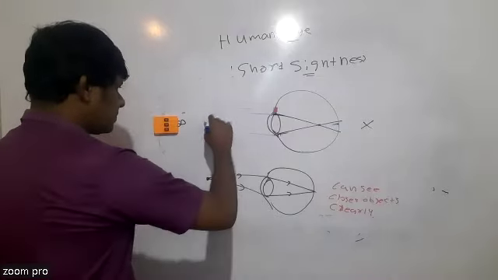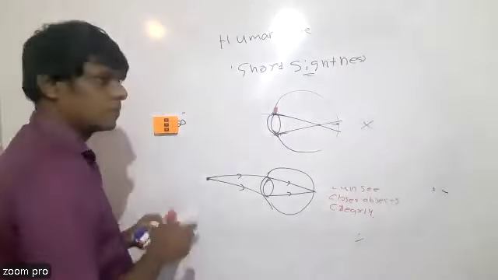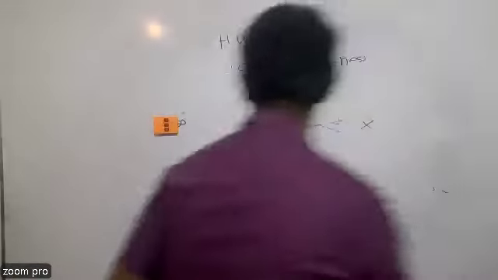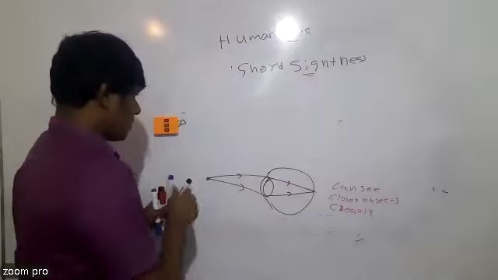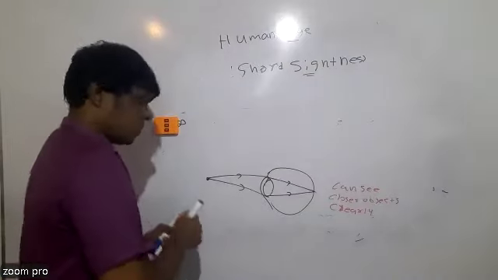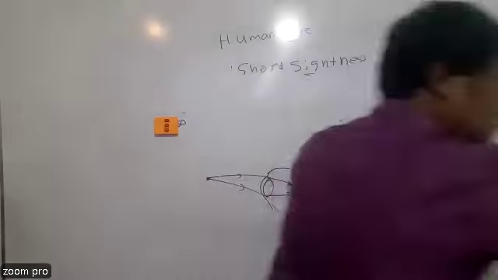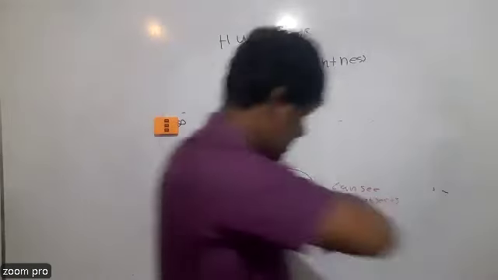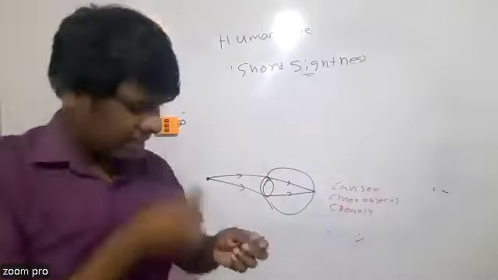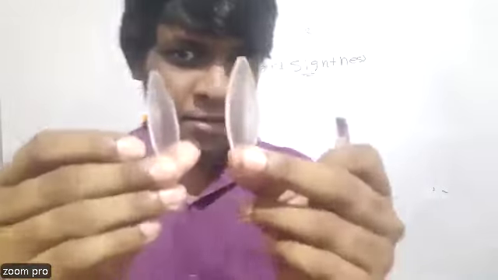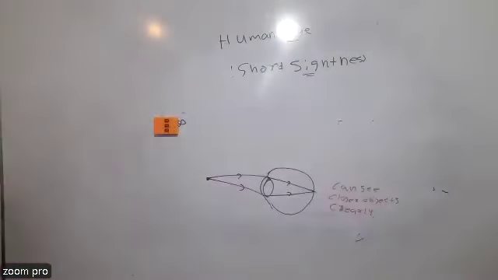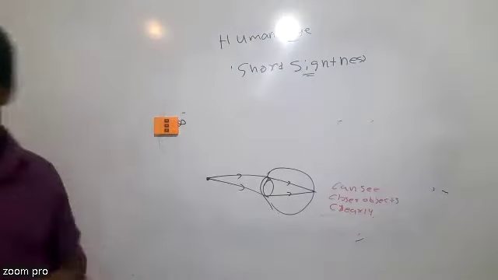Firstly, let me show you with the medium lens. You can see there are three different sizes of lenses, right? The thicker one, the medium one, and the very thin one. I will get the medium one and try to draw the diagram.